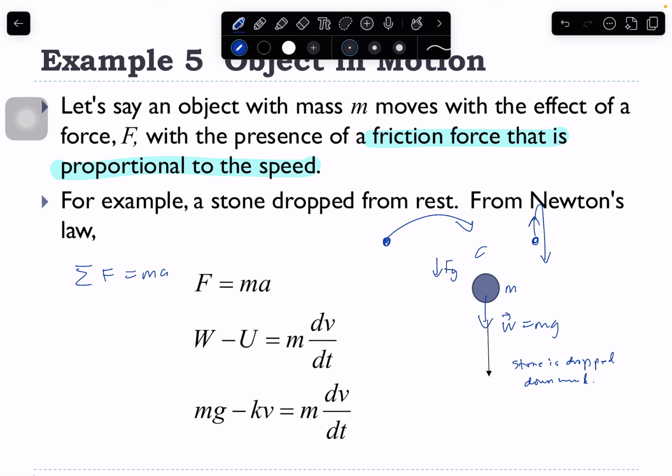And since the movement is going down, my reference frame is going downwards. Positive is downwards. And just now friction must be opposite of the movement. So friction is going upward and weight is going downward as well.